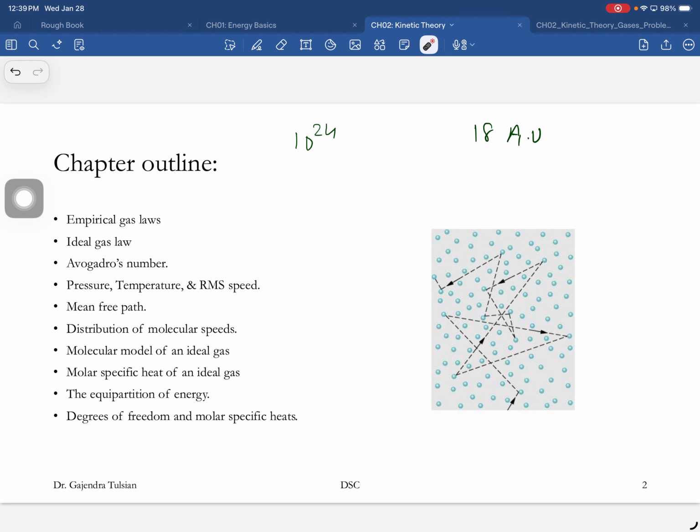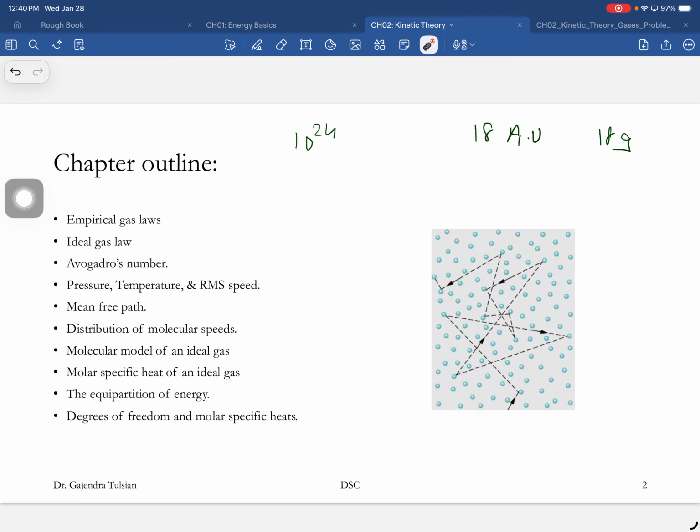The atomic unit is essentially the weight of a hydrogen atom. So if you take 18 grams of water, you'll have a trillion water molecules. So every time you take a gulp of water, or half a gulp of water, you're drinking a trillion molecules. Okay, so that's Avogadro's number.